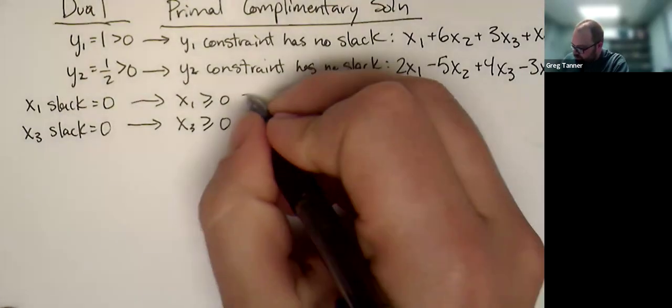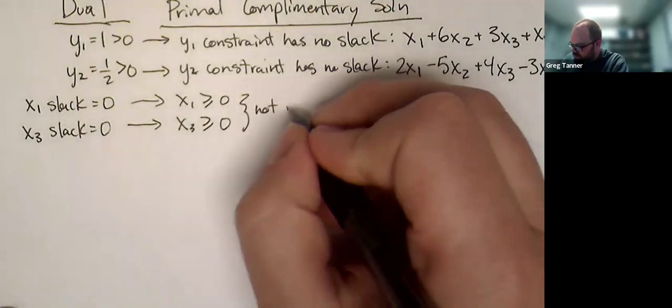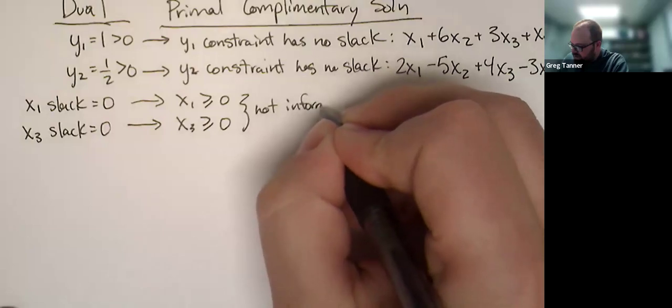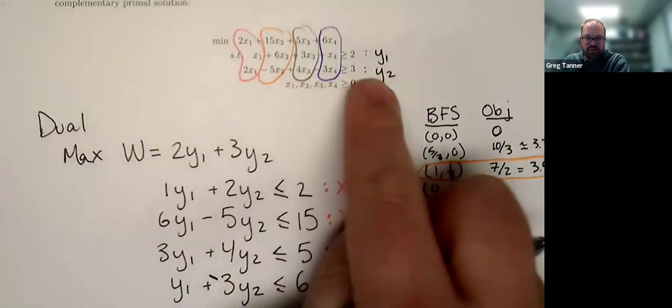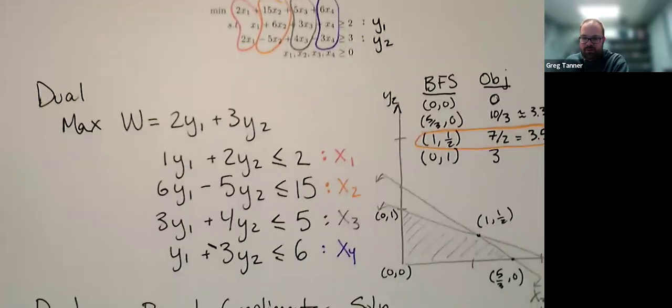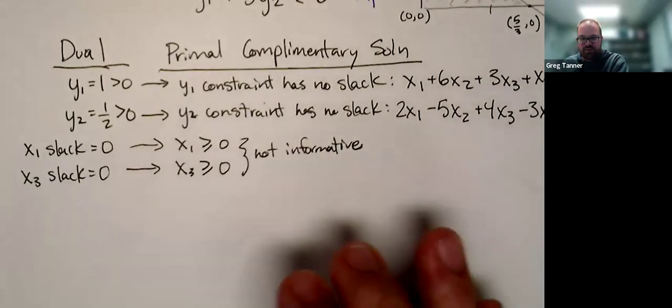Not very informative. You can kind of get something from it, but nothing more than what we maybe knew initially, because we constrained these to be greater than or equal to 0, non-negative from the beginning. Okay, so that's going to be the less useful ones.